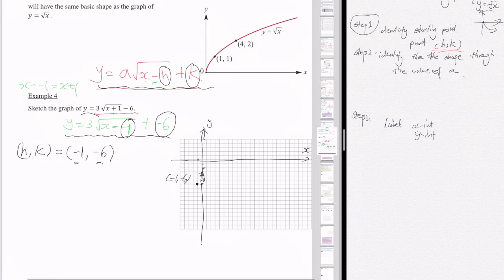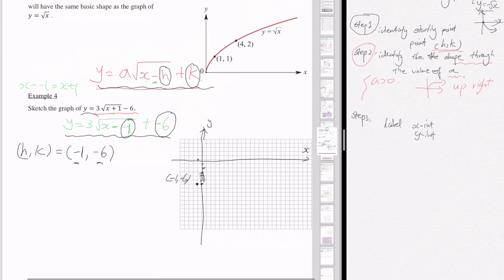Now coming to step 2. On my right hand side of the notes, step 2: identify the shape through the value of a. When a is larger than 0, we know our graph is going to be similar to y equal to square root x. The graph is going to be up and right.